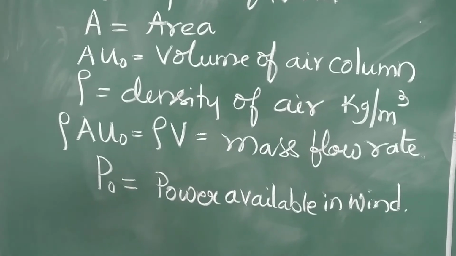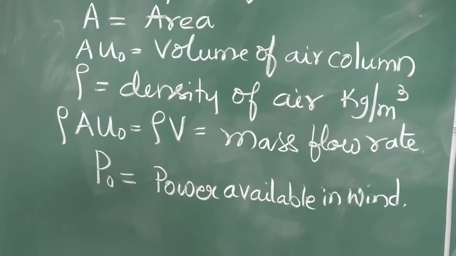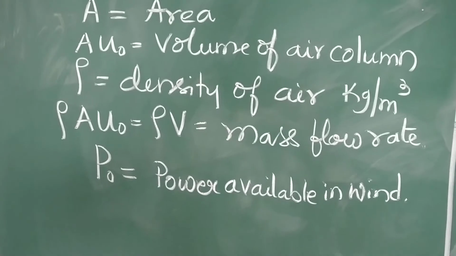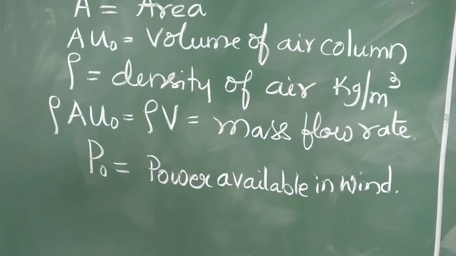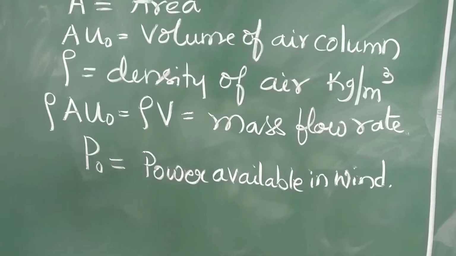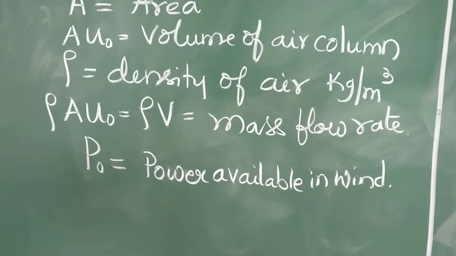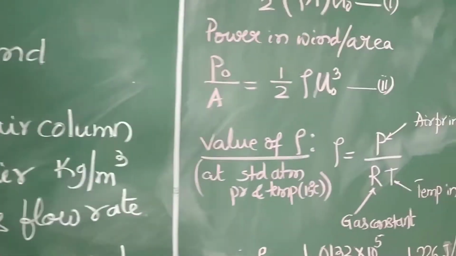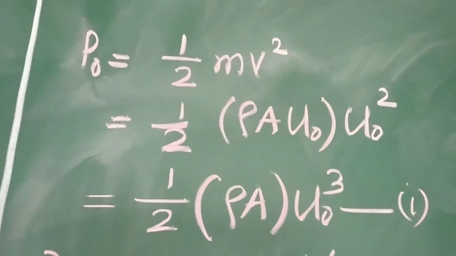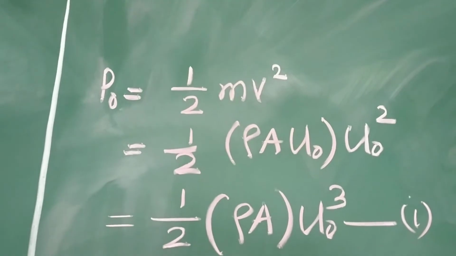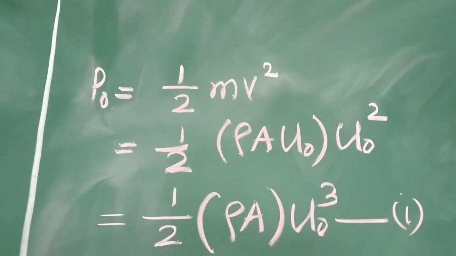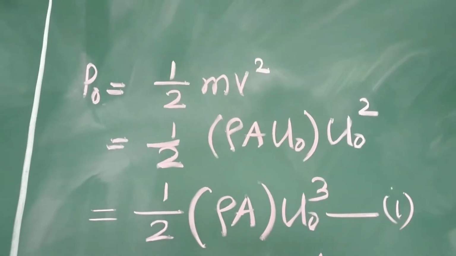When you multiply rho with the volume of air, you get the mass flow rate, that is rho into V. Let P naught equal the power available in wind. We know that the power available in wind is proportional to the kinetic energy of the wind.